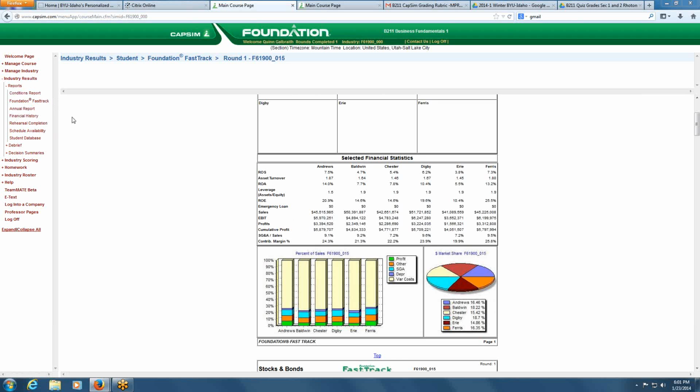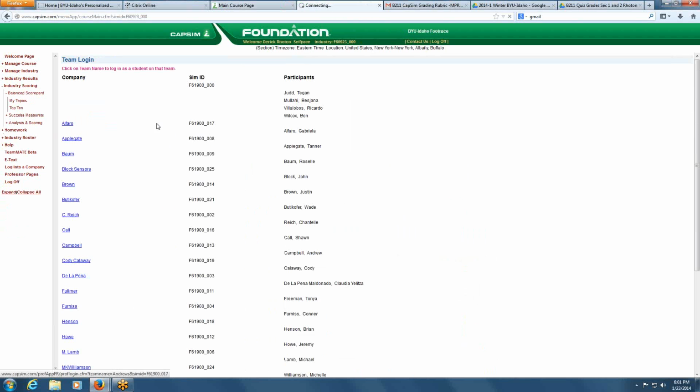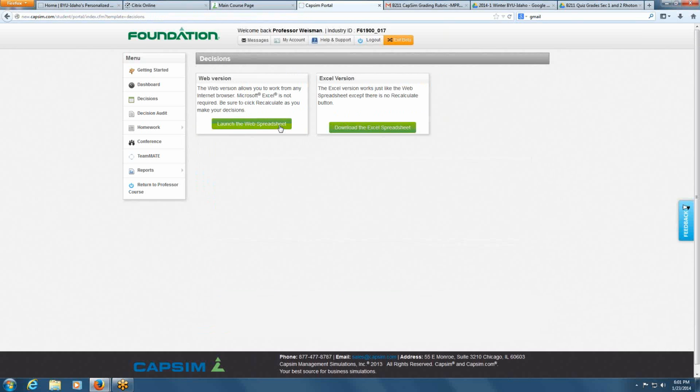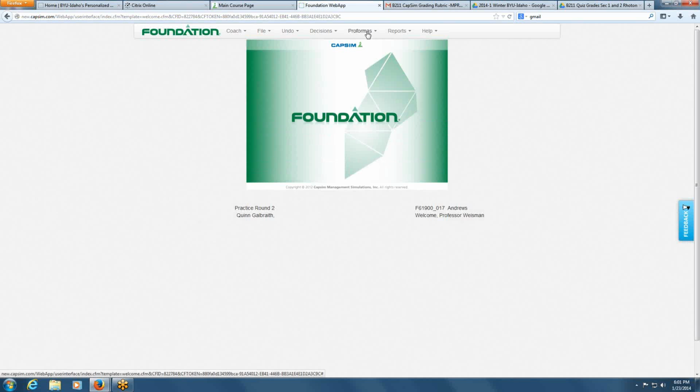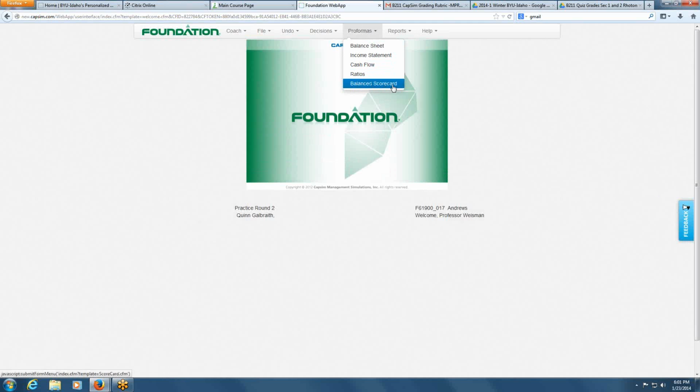And remind us where to go to find this information that you're looking at. If you go to your dashboards, and then you actually just go into your thing, you can look up your fast track and your balance scorecard from there. If you launch your web spreadsheet, then you can either get to it by going through your reports and looking through your fast track, and then your balance scorecard.